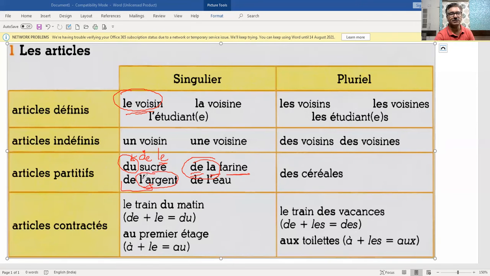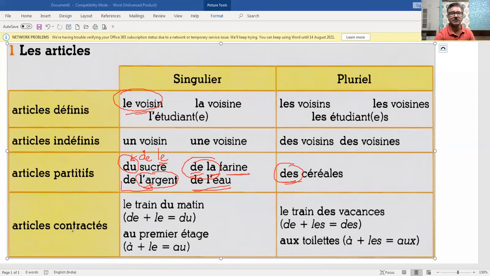It becomes like this, de l'argent, de l'eau, same principle, de l'eau. Eau is also beginning with vowel sound. Therefore, de l'eau. It means some water. And for all the plurals, it becomes des. Some cereals.